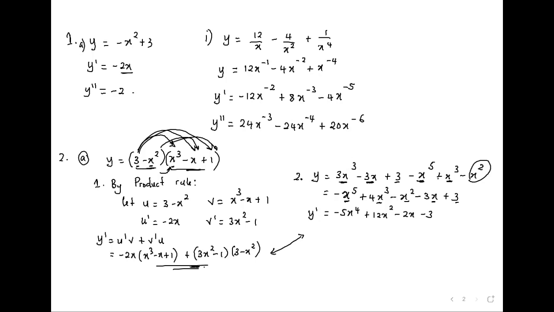Okay, so we move to question 3. So we can start with the same part A. y is equal to (2x plus 5) over (3x minus 2).